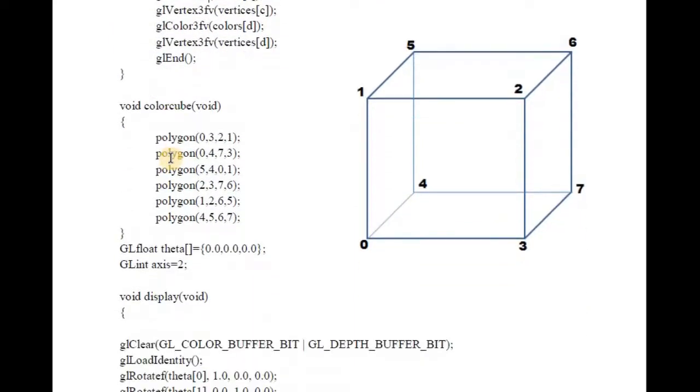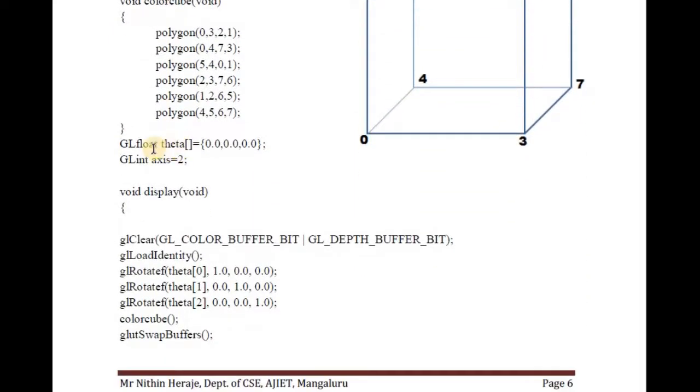All right. So here there are two initializations. There is a theta, which is a single dimensional array having three values. This is theta of 0, which is with respect to x-axis. Theta of 1 is with respect to y-axis, and theta of 2 is with respect to z-axis.